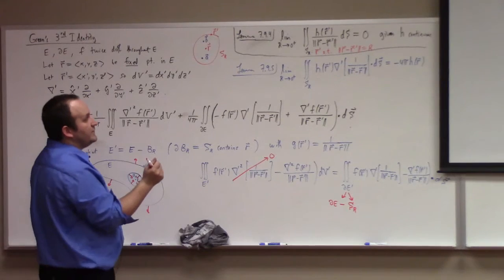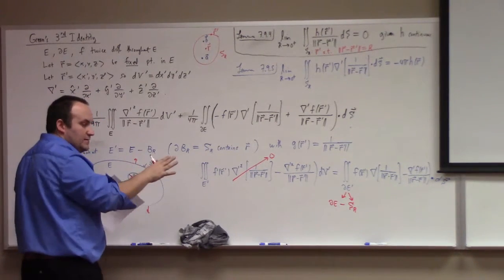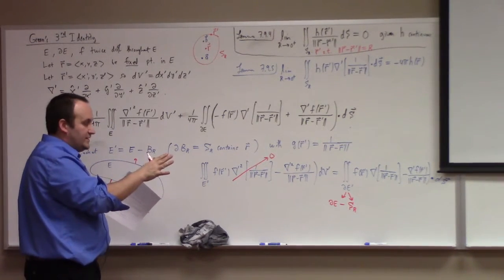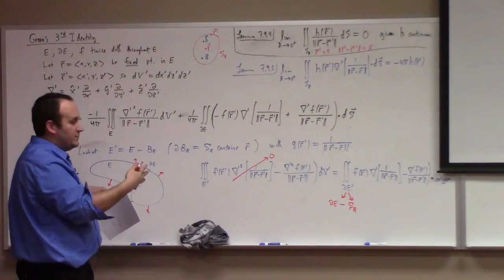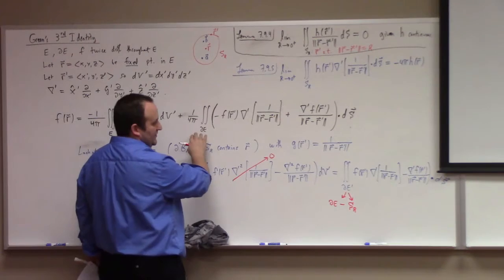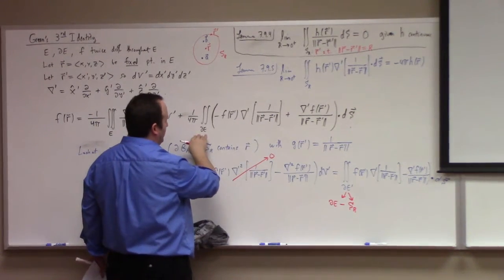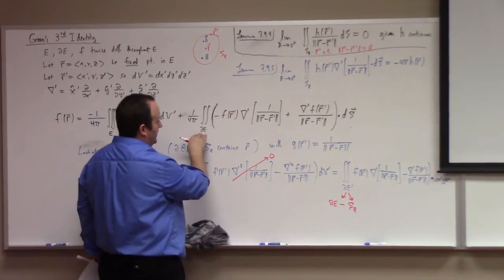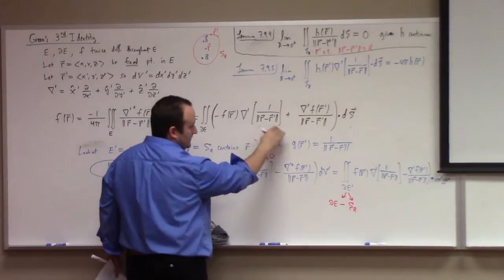But for the little sphere of radius r, as we take the limit as r goes to 0, what do we get? On the one hand, this term just sits there: 1 over 4 pi times the integral over the boundary of E of this stuff.